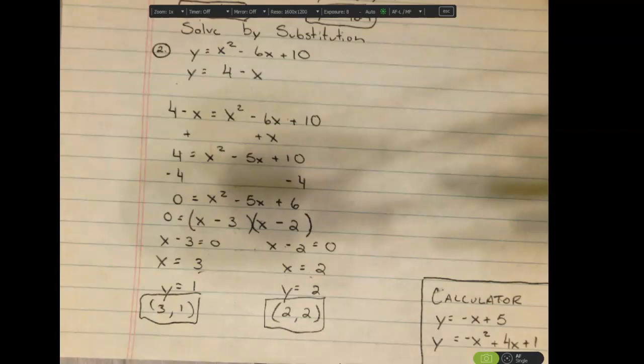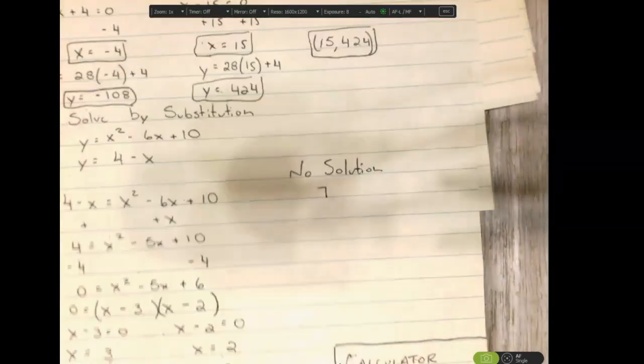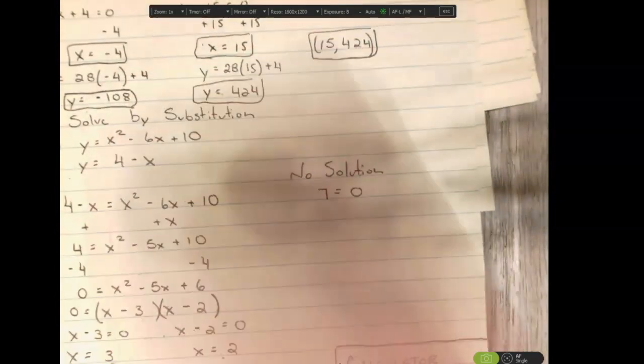Like I said, the majority of the ones you solve are going to have two solutions. Here's how you know, guys, if you have no solution. Once you solve and maybe plug something in, you would have, for example, 7 is equal to 0.